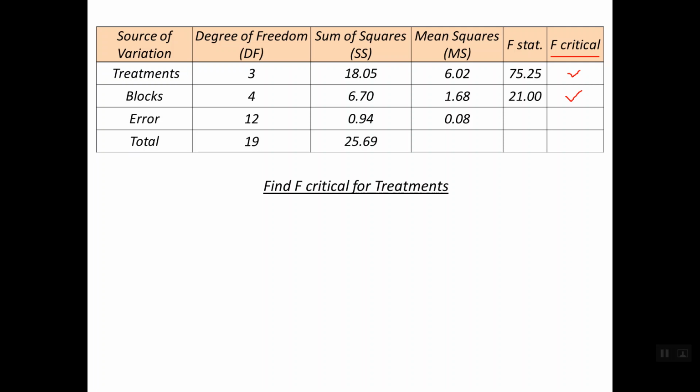To find the F critical for the treatments, we need first to know the value of the probability, which is simply the area to the right of the F critical for the treatment, which is equal to alpha, the significance level, and it is given in the question to be 0.01.